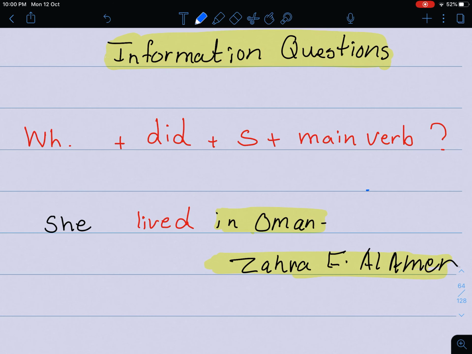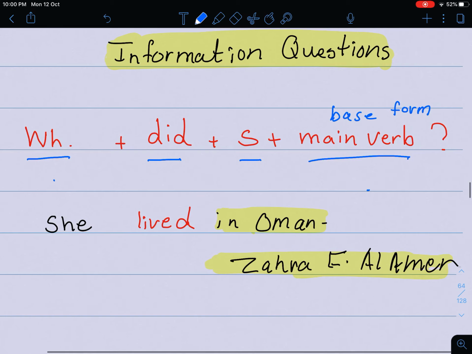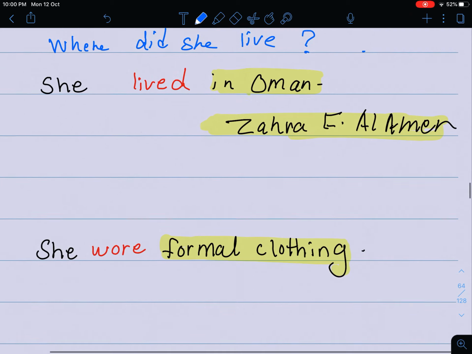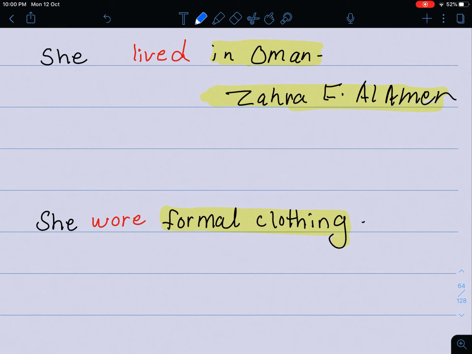Now as for information questions، بالنسبة للأسئلة طبعا استخدم WH, did, subject, المين verb في البيس form. Okay, so she lived in عمان. Where، يعني بسأل عن مكان. Did she live. She lived in عمان.